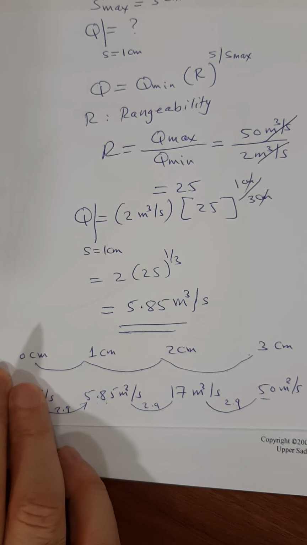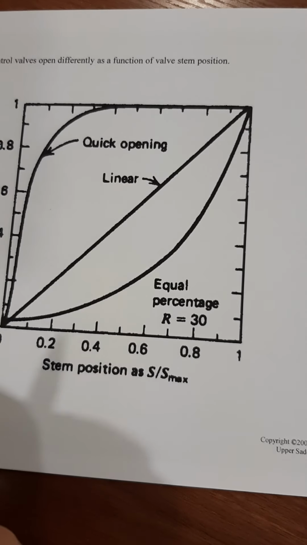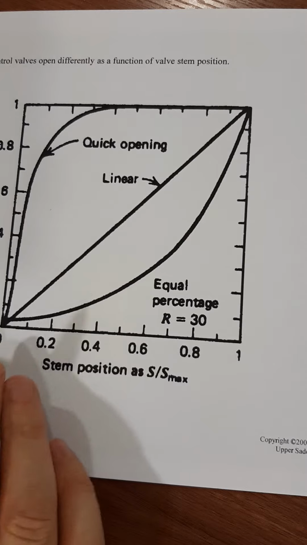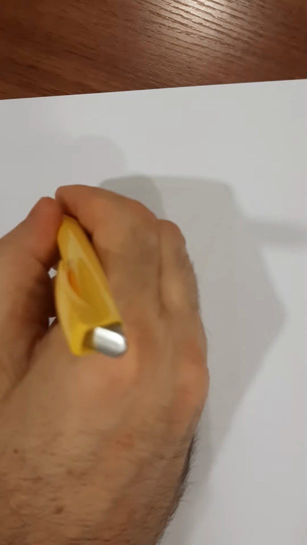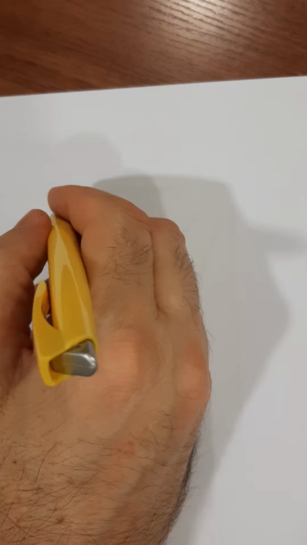Then we also have the last thing we need to consider here, which is the control valve sizing. The most important factor in control valve sizing is the constant or factor called CV. What is the CV?